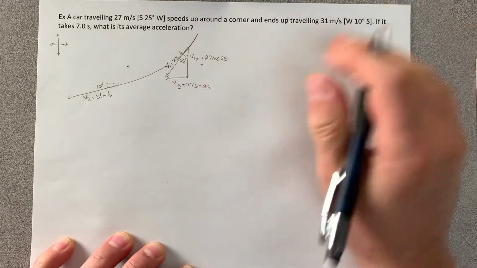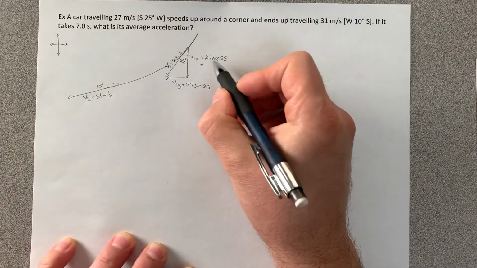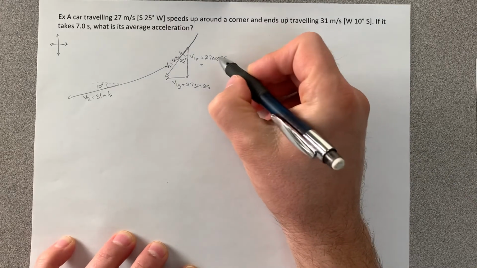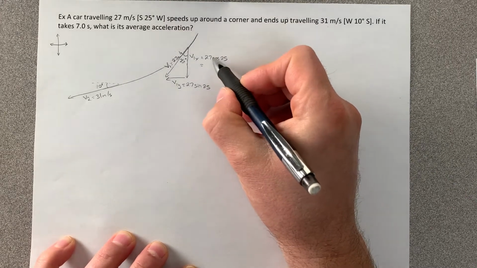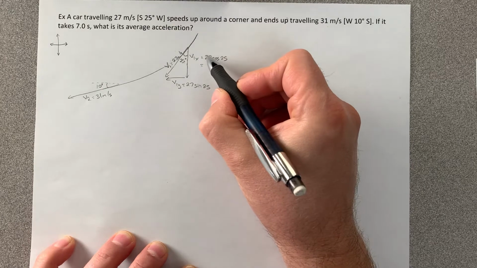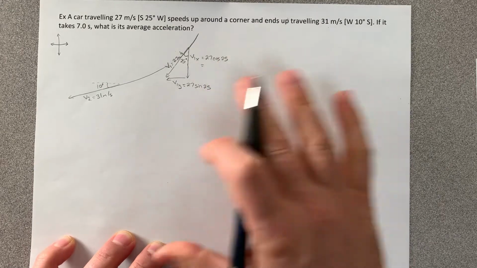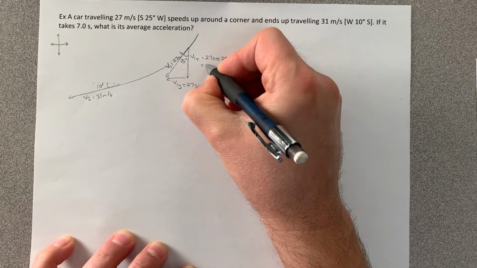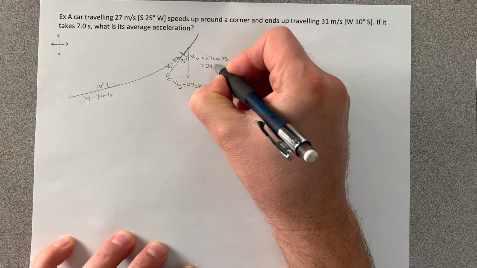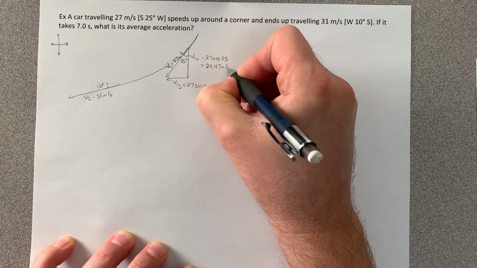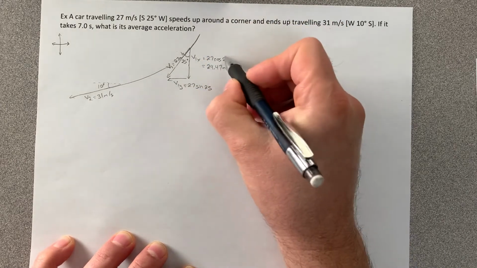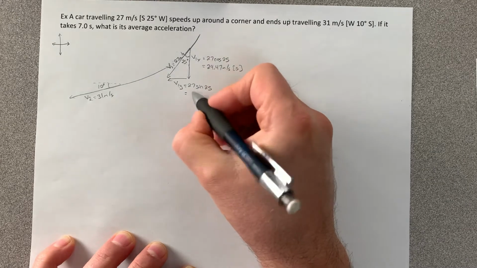Some people like to leave it like that rather than round at all. If you like more exact answers, you could stick with this value and this value and carry on when we sub those numbers in. This number, if you punch it into your calculator, is approximately 27.47 meters per second. That is south, just as a reminder. Again, if you prefer the more exact number, you can stick with that. I'm good either way.